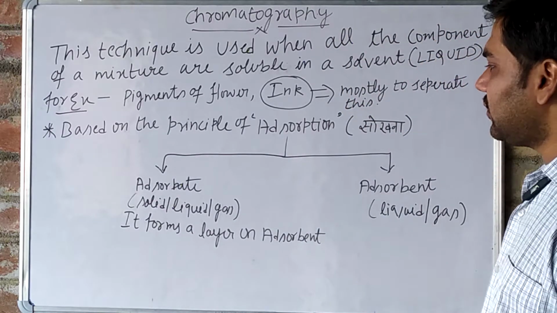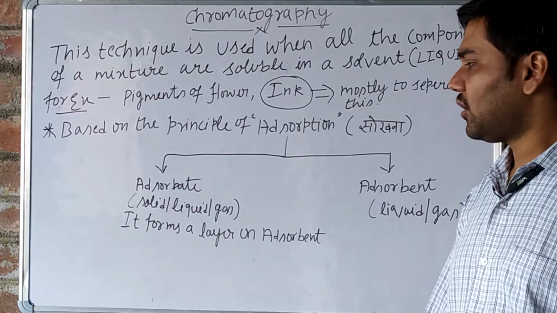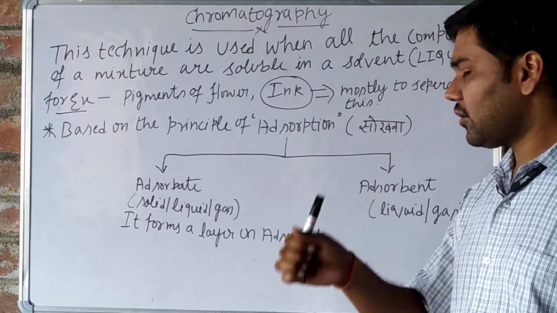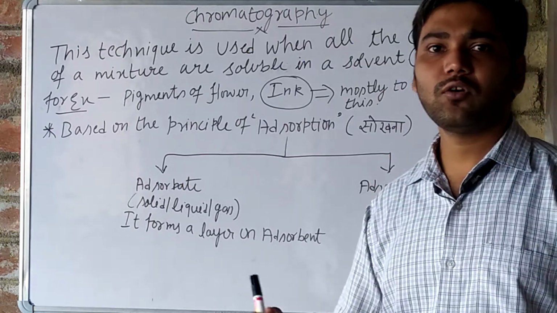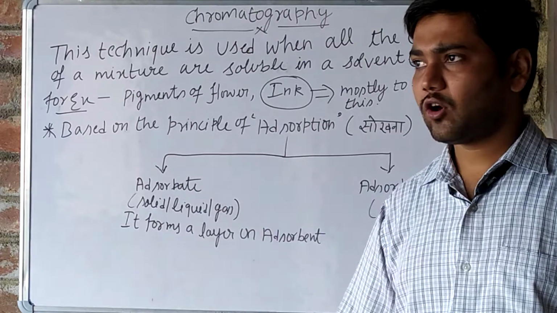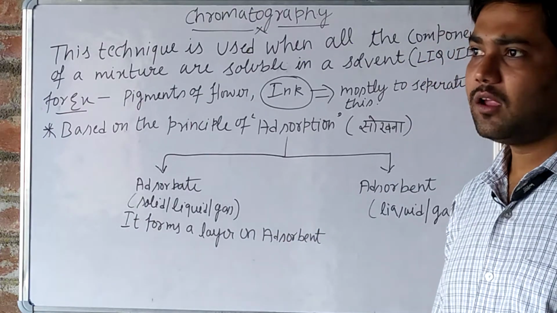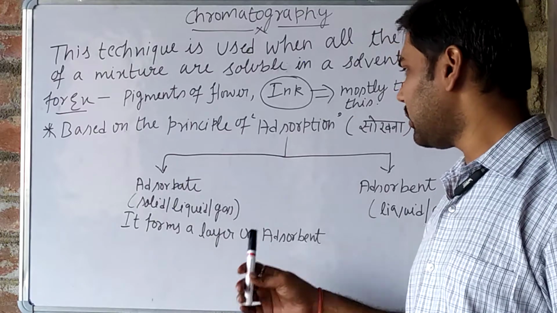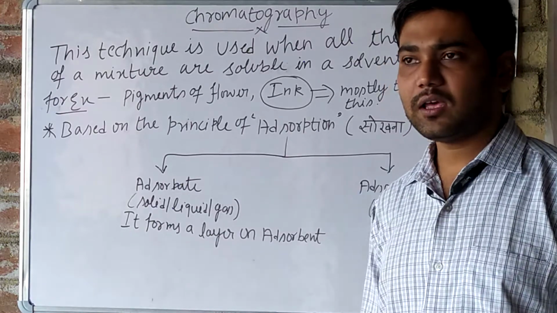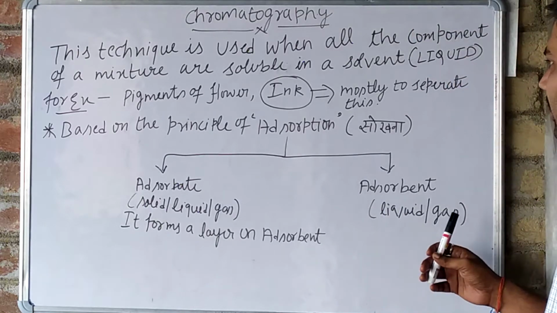The first one is the adsorbate. The adsorbate is the solid, liquid or gas component which needs to adsorb on the adsorbent. It forms a layer on the adsorbent. Adsorbent means liquid or gas.